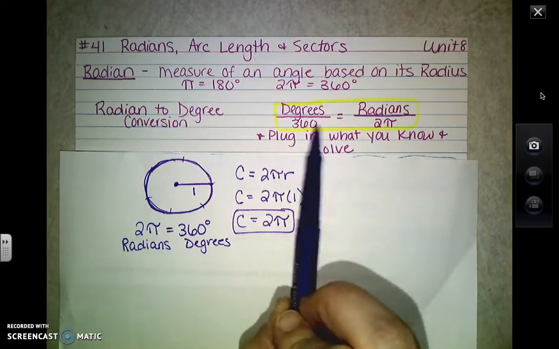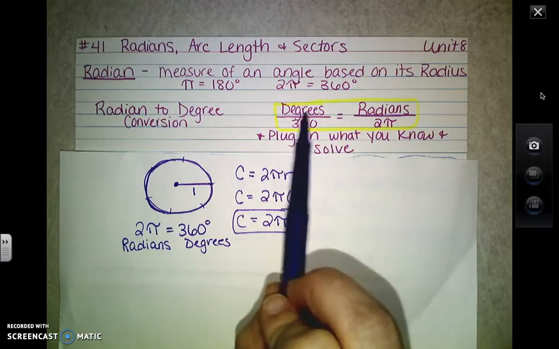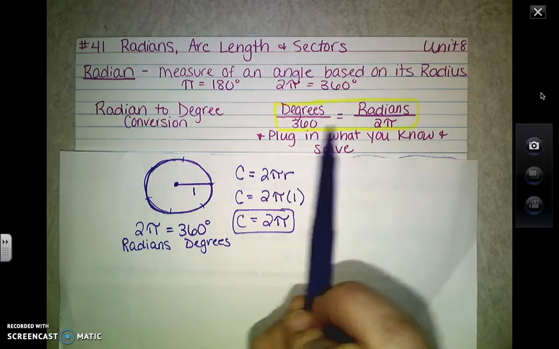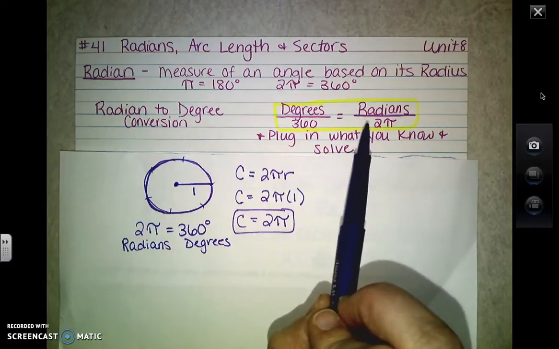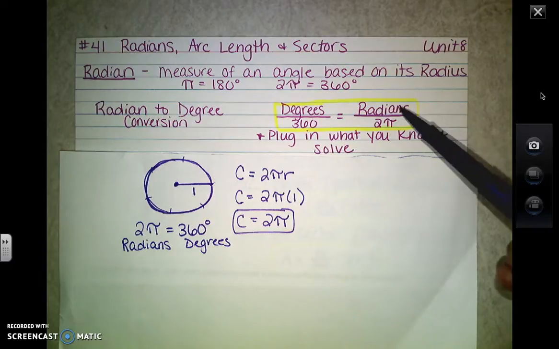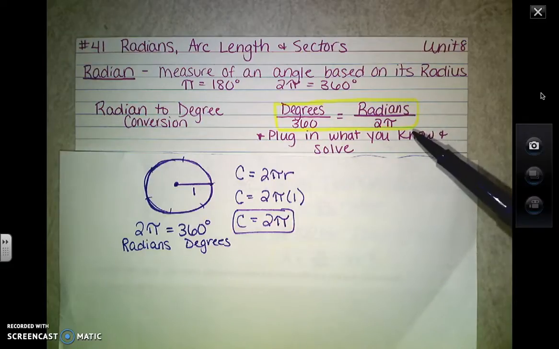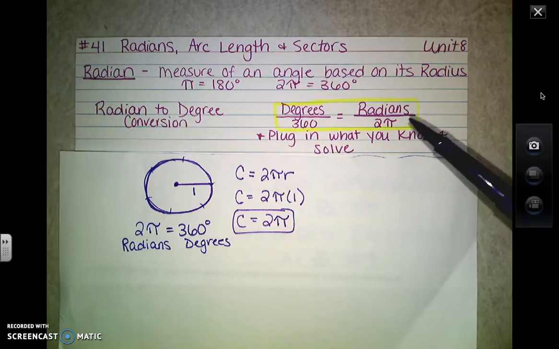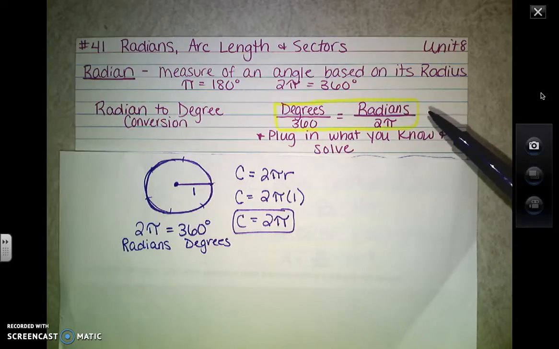If I gave you a degree measure, you could plug that in and cross multiply to find the radians in terms of pi. Or if I gave you a radian measure, you could plug that in and cross multiply to find the degrees. There are other ways to represent this, but for now we're just going to stick with this as our conversion. The only thing you're really going to have to worry about with radians is converting from degrees to radians.